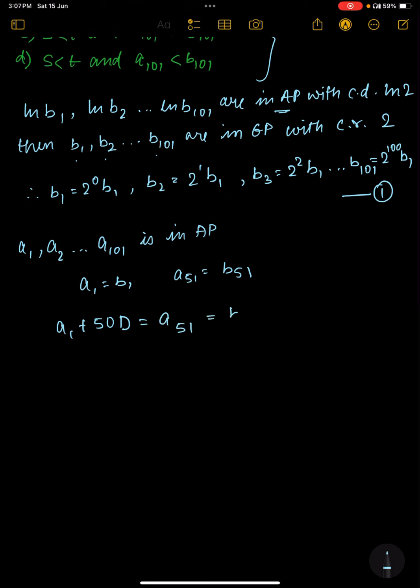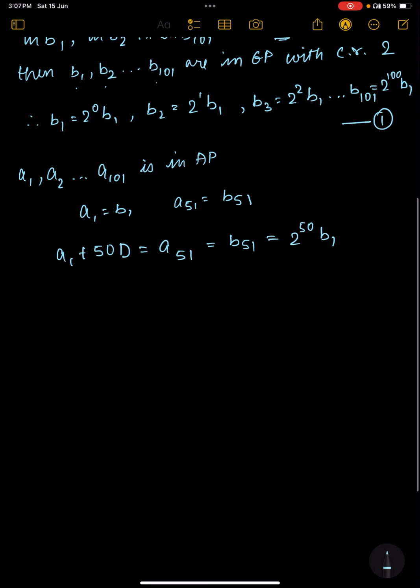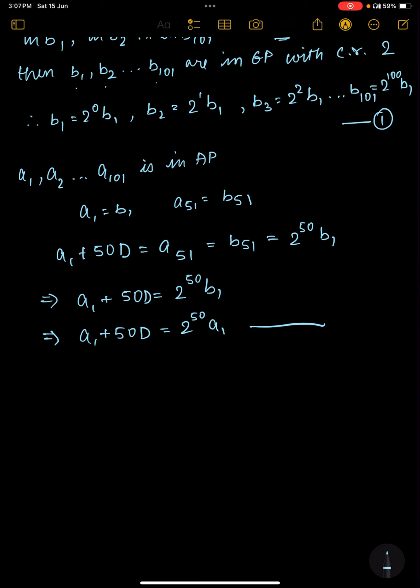Now a51 is equal to b51, which eventually is equal to 2 power 50 b1. So what we have here now is a1 plus 50d is equal to 2 power 50 b1. This again I can rewrite as a1 plus 50d is equal to 2 power 50 a1. Now this I will define as equation 2.